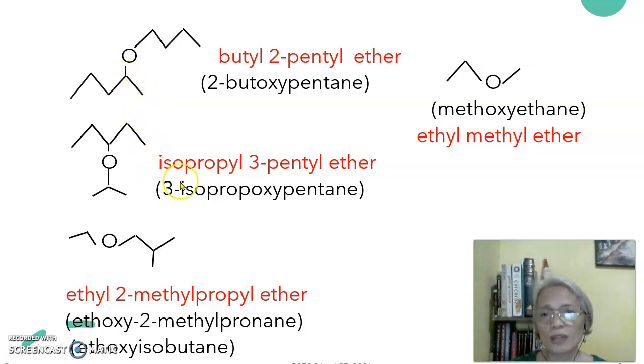So earlier we have isopropyl 3-pentyl ether, now called 3-isopropoxypentane. So the isopropoxy group is considered to be the substituent and the pentane as the parent chain. Again, written as one word. Then we have ethoxy 2-methylpropane. This is propane, and also called ethoxy isobutane.